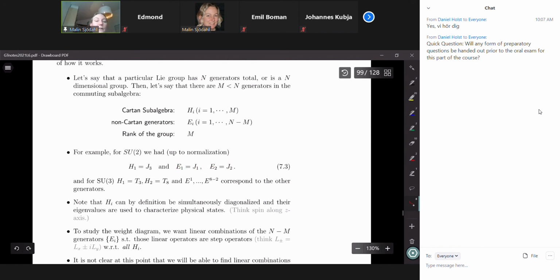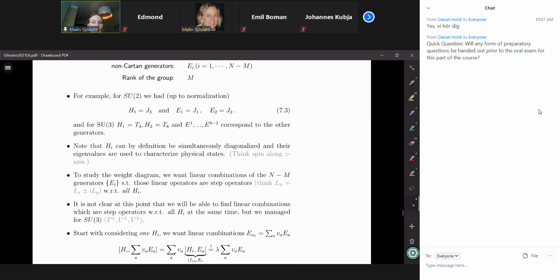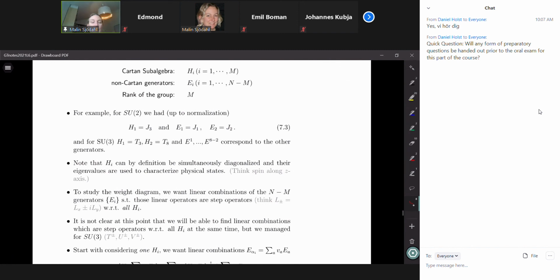For SU(3), the simultaneously commuting generators are T3 and T8, and the non-Cartan generators would then correspond to the other 6 generators. We could not find more generators that commuted at the same time. So if I took the spin Z axis, I could not take the spin X or the spin Y axis at the same time. That didn't work.